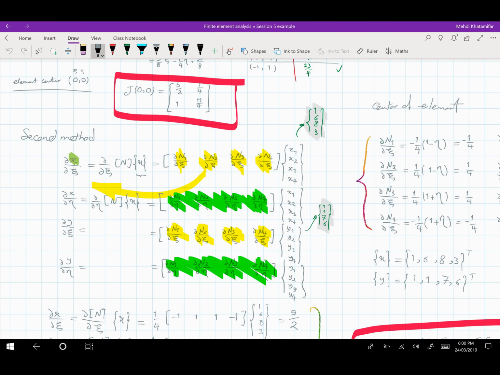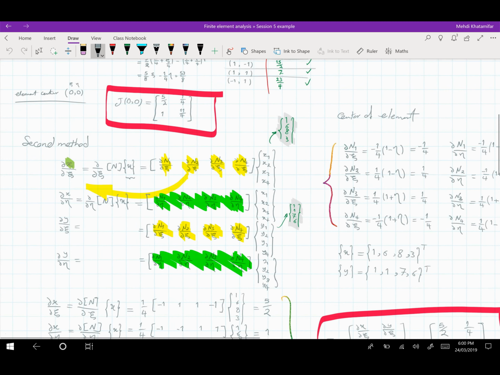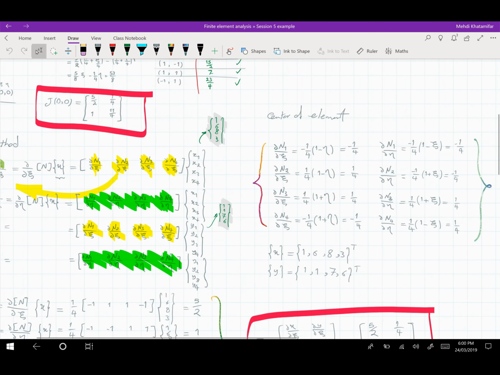So we decided to extract those derivatives using the shape function formula we already know how to find. For the center of the element, I found the value for the derivative of shape function over those two local coordinates.